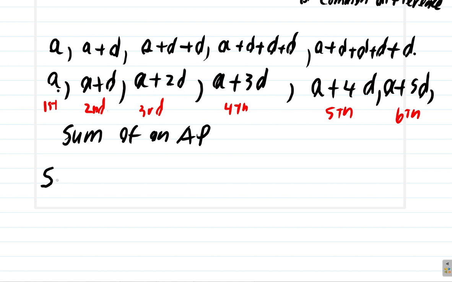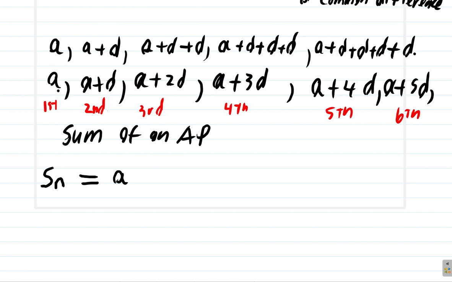Sometimes the sum of the first n terms is Sn. This means the sum of the first n terms of the arithmetic progression, or of the arithmetic sequence. And remember, what we want to do is come up with a general expression for the sum of the first n terms of an AP.